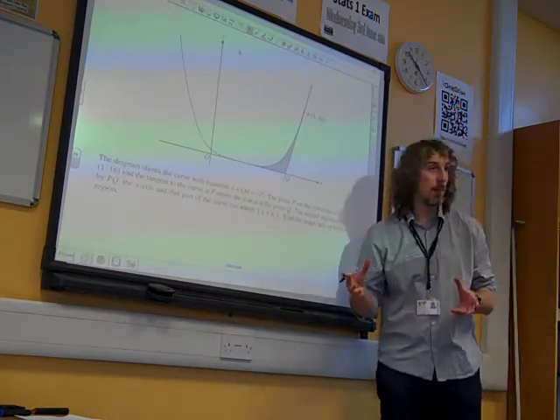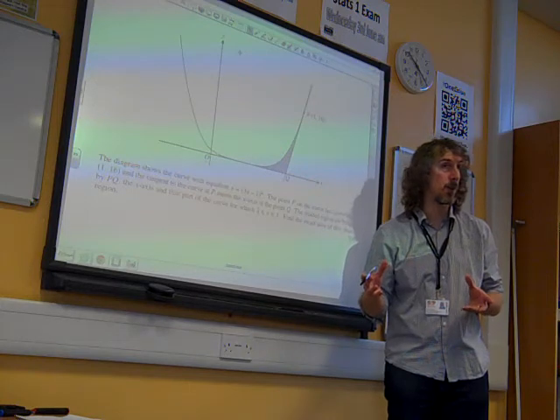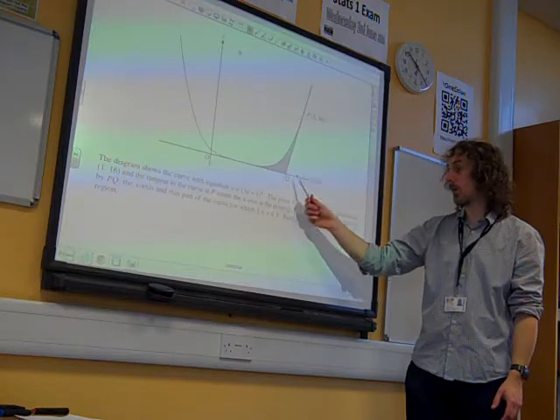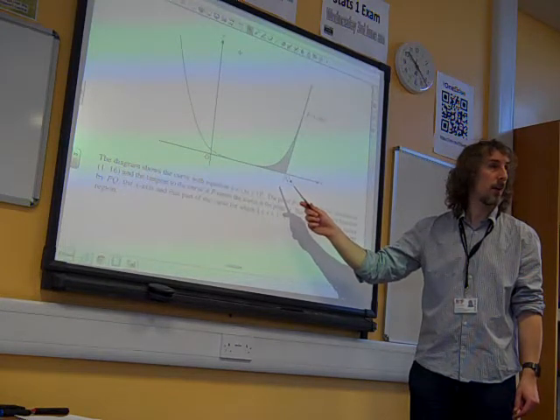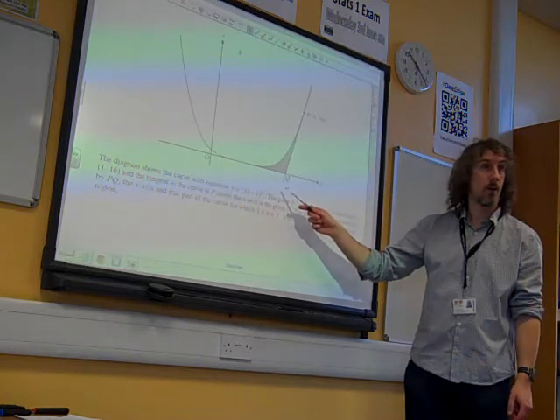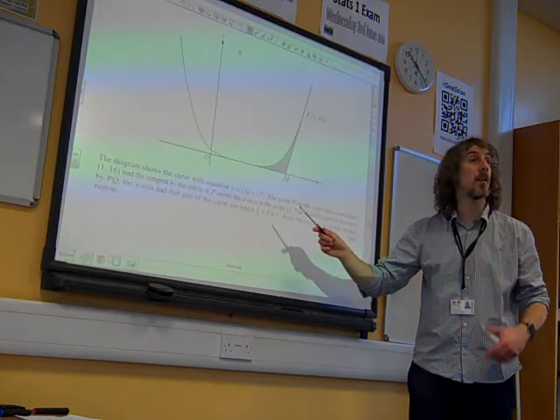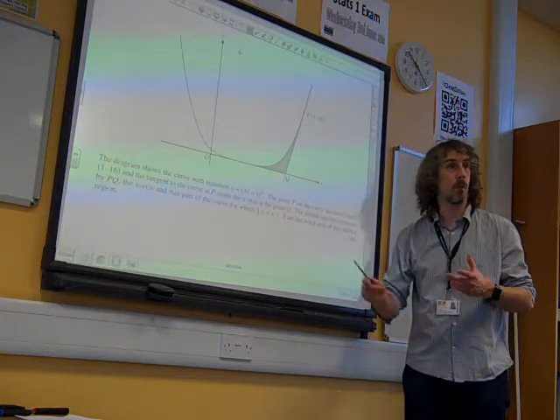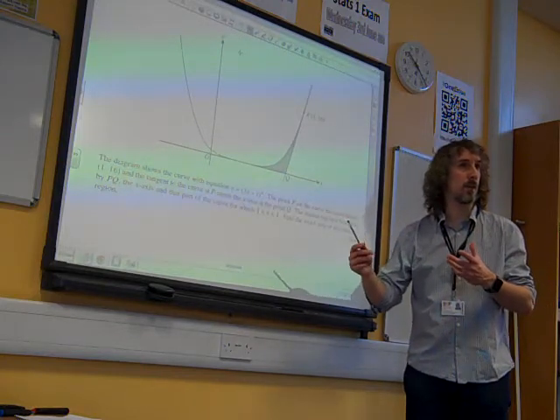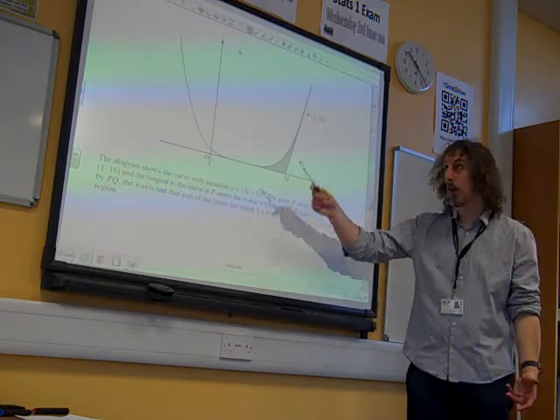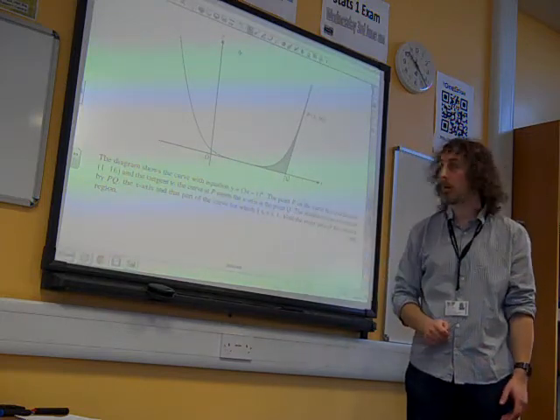It may not look immediately like a differentiation question, but to do this we need to know the coordinates of Q. To find Q, we need to know where this tangent meets the x-axis, and for that we need the equation of the tangent. To find the equation of a tangent to a curve, that's what you did in Core 1, differentiating to find the gradient and then finding the equation of the tangent. So it's all linking in all sorts of things from all over the place.